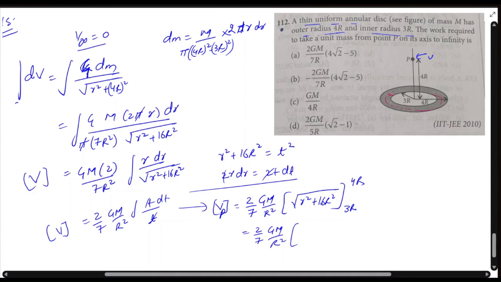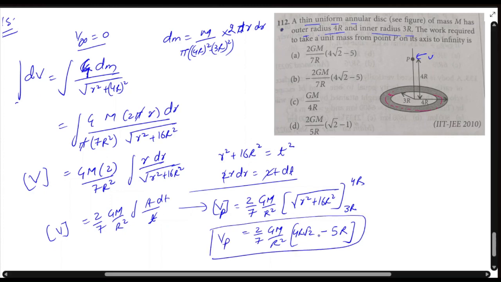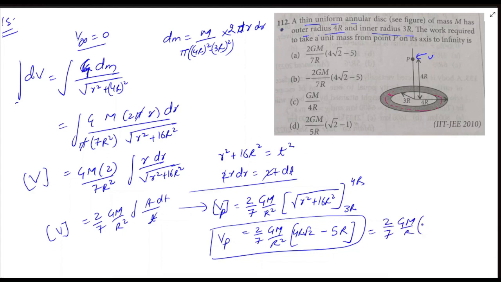If you put 4R, this will be 32 R square, so it will be 16 into 2, so 4R root 2, minus, if you put 3R here, it will be 25R square, because 3 square is 9, so it will be simply 5R. So this is the potential at P. You can take R common and it will cancel, so it will be simply 2 by 7 GM by R into (4 root 2 minus 5).